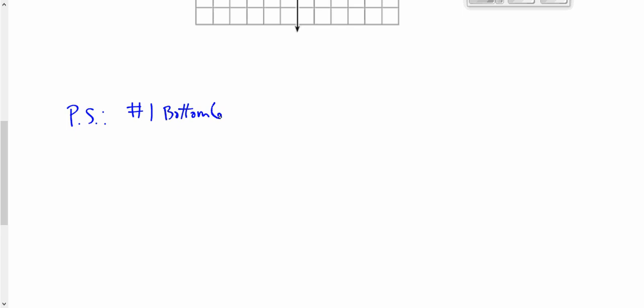Does that make sense? You see the 6 at the very bottom? If you want to draw a line just to demark it, right? And then you're going to do number 2, 3, and 5. So the bottom 6 of number 1, and then numbers 2, 3, and 5. Okay?